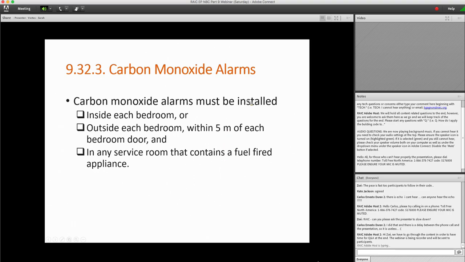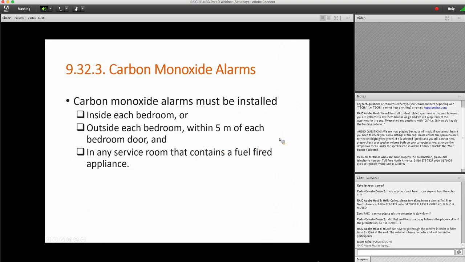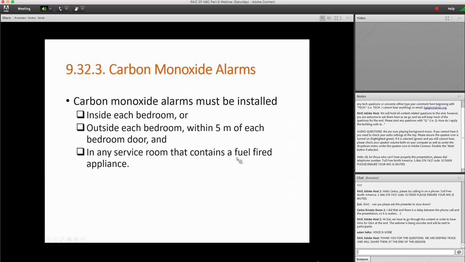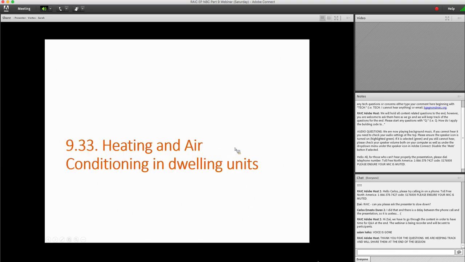The CO alarms must be installed inside each bedroom or outside each bedroom within 5 meters of each bedroom door. It's also required in any service room that contains a fuel-fired appliance.